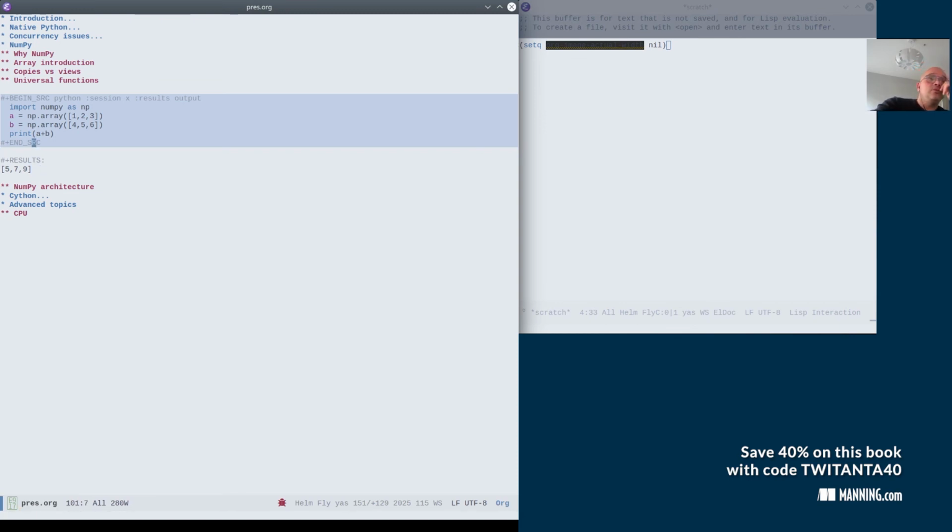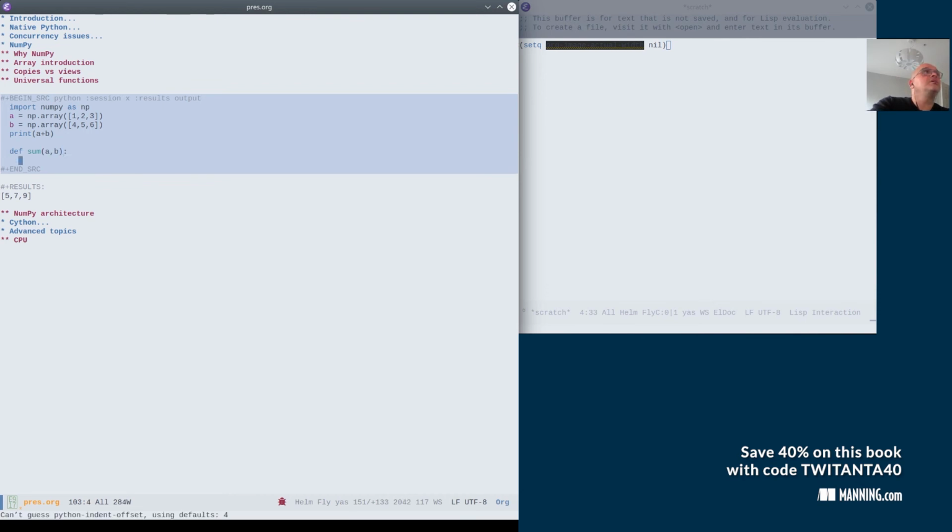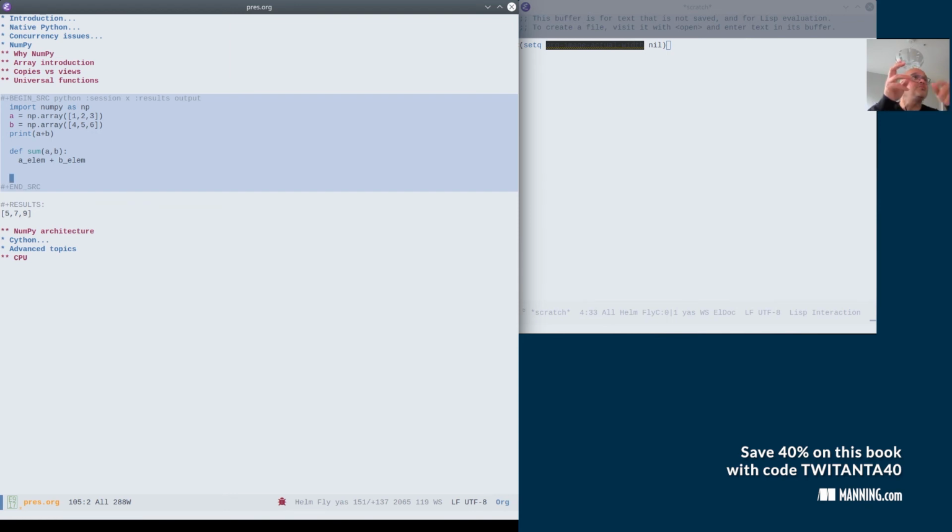But one could actually write a function that takes an element. This is obviously trivial, that does A plus B. And we could do this as a universal function and apply this function to both arrays, and this function would be called 3 times, once for each element.